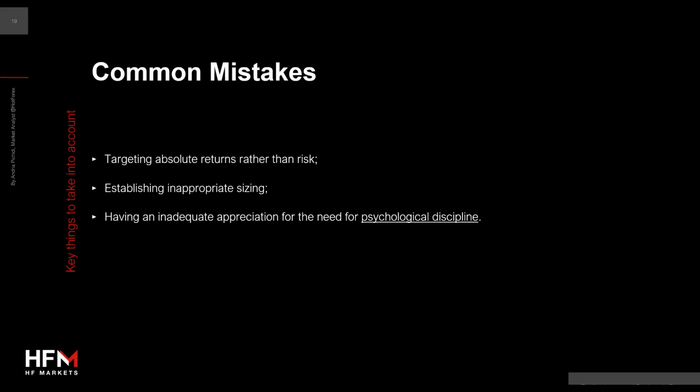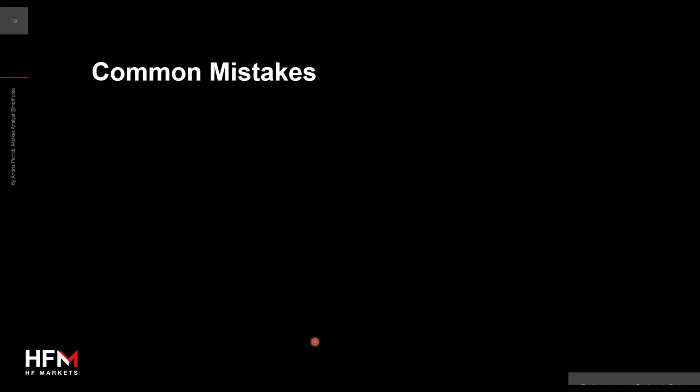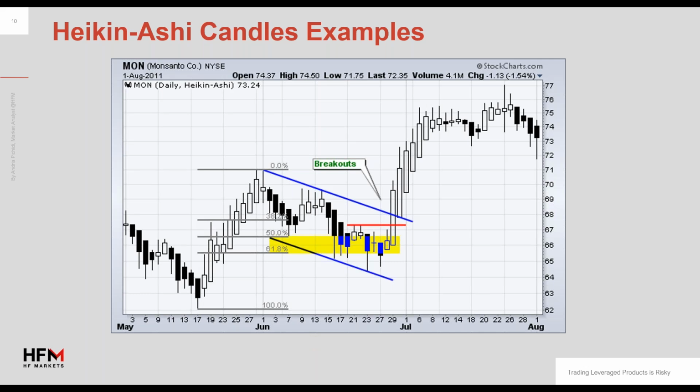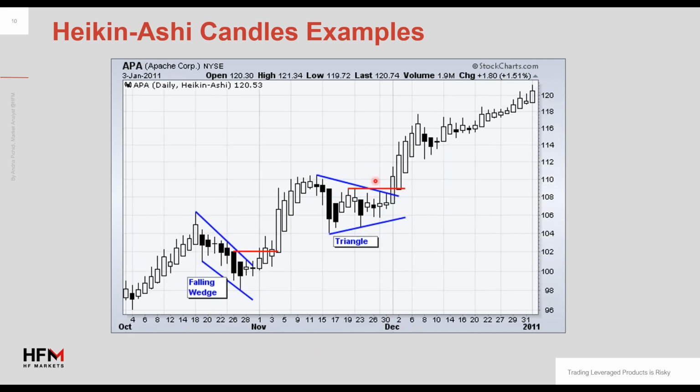Okay, so usually the momentum played on the higher time frame can be found using the Heikin Ashi strategy. So for example, if you check the triangle example that we had earlier, let's assume that you have a daily triangle, right? You have a breakout over here.